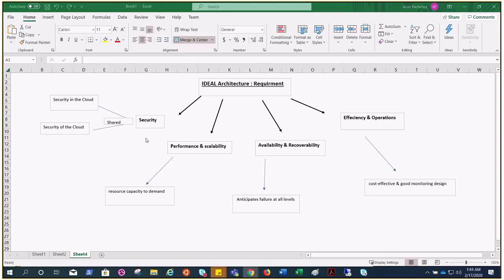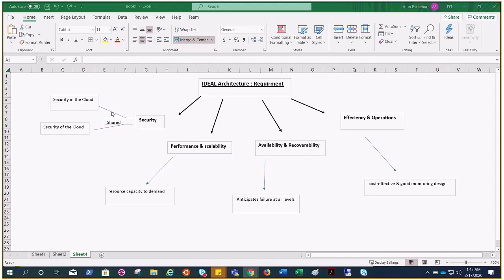So in order to understand that better, we can divide it into security of the cloud and security in the cloud. Well, security of the cloud means all the data centers which have been created by Microsoft or Amazon, security of those physical locations, security of their electricity, internet, and cooling system, and all that kind of security is security of the cloud.